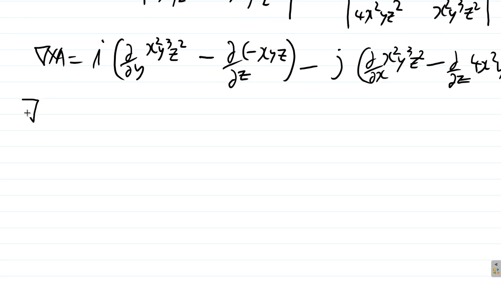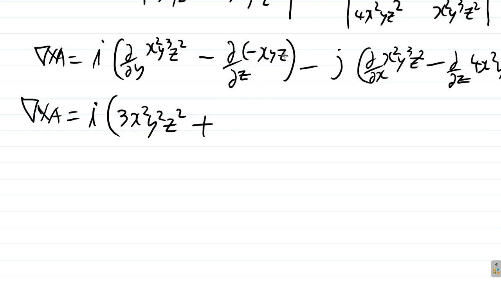And then nabla cross A, which is the curl, is i times, when you differentiate with respect to y, you get 3x squared y squared z squared, minus, well, minus negative is going to be a plus, you differentiate it with respect to z, you get x y. Although you normally put the i after, so let's put the i behind here.